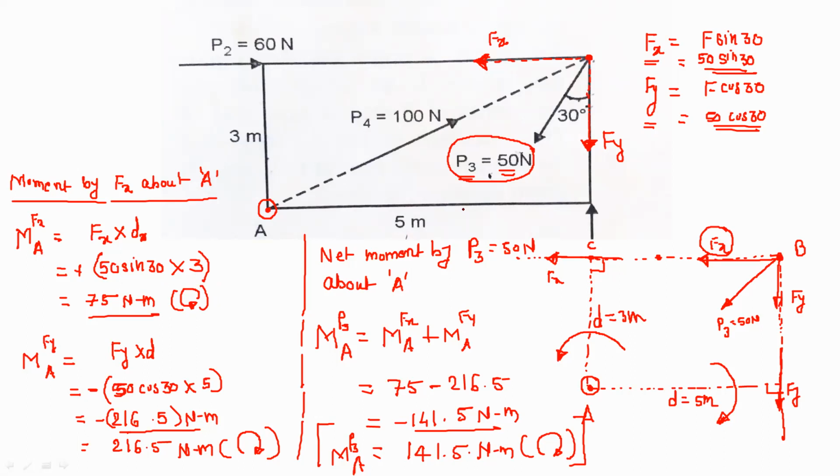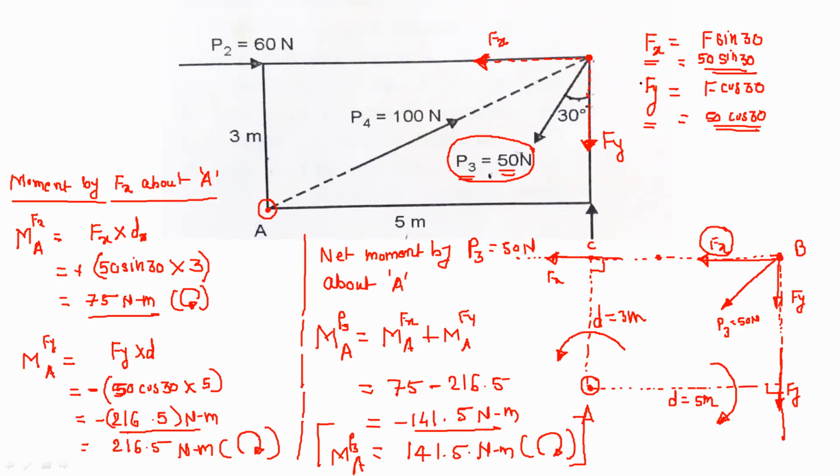The only important point here is, for the moment, when you resolve the force, if the force is given at some angle and it is not directly perpendicular to the given point, then just resolve the force. Do not consider the direction of force, because if you consider it negative here, then you will change the answer of that moment.